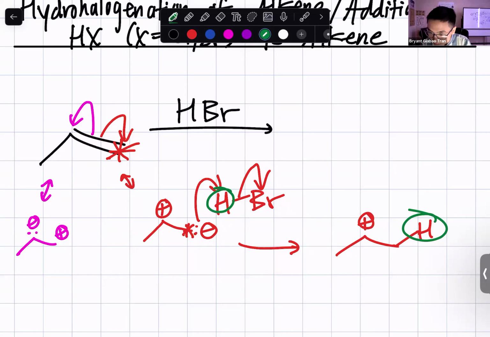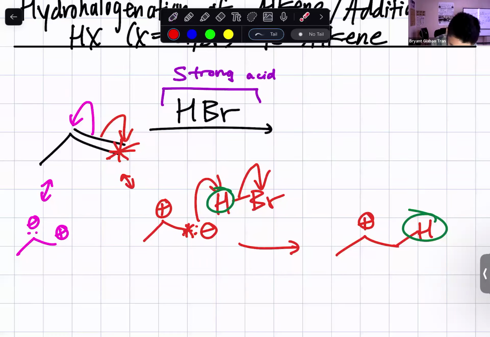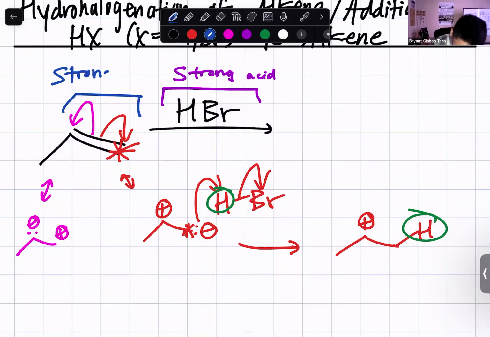Wait, why does the hydrogen get attacked by the lone pair? Yeah, so the hydrogen is going to get attacked by the lone pair because think of HX as a strong acid. This is HBr, strong acid. Right? And then think of the alkene here as your base. Carbons can use either carbon to attack, the more substituted carbon or the less substituted carbon.